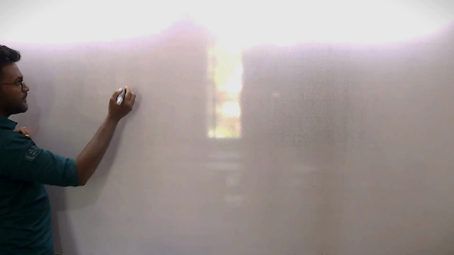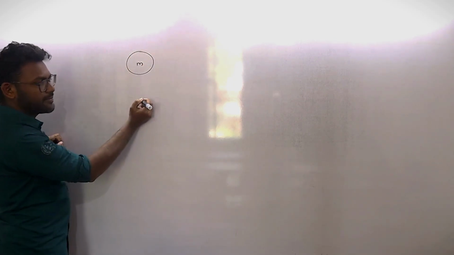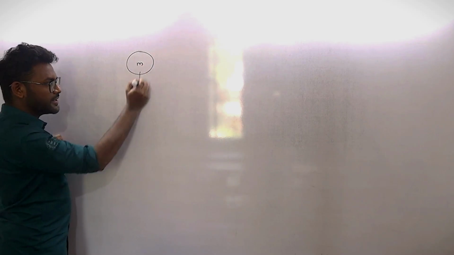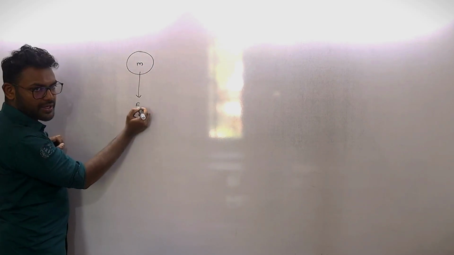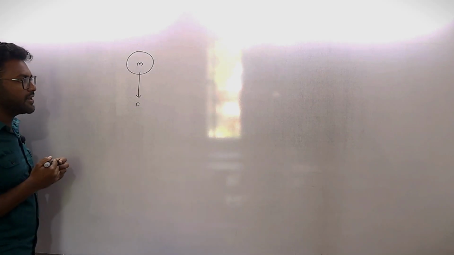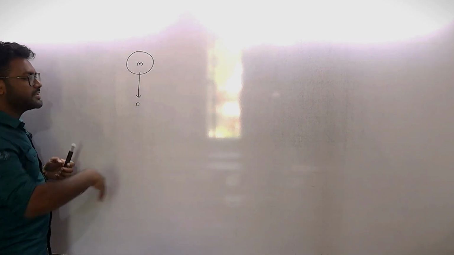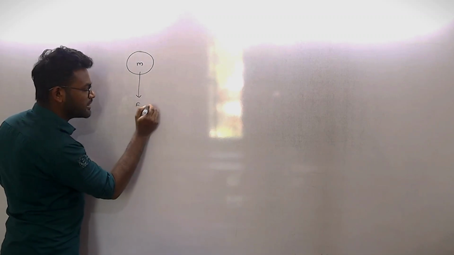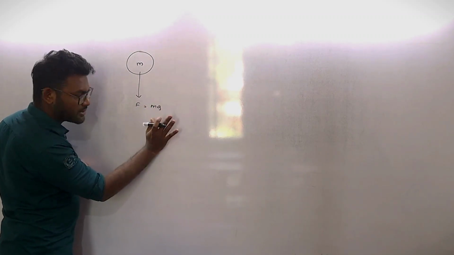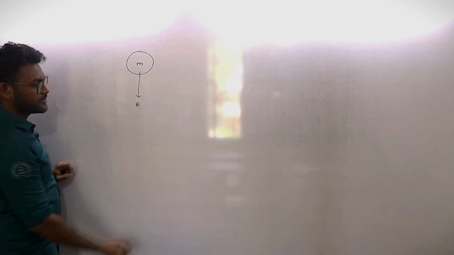But for the time being, we know if you have just a mass like this, let's say m, there's a downward force always, which is called its weight. We also guys having a certain weight because we have a mass, right? And the weight will be always applied downwards. Later on we're going to learn this to be the mg. For the time being, we just know that there's a force, right? And that is the weight.